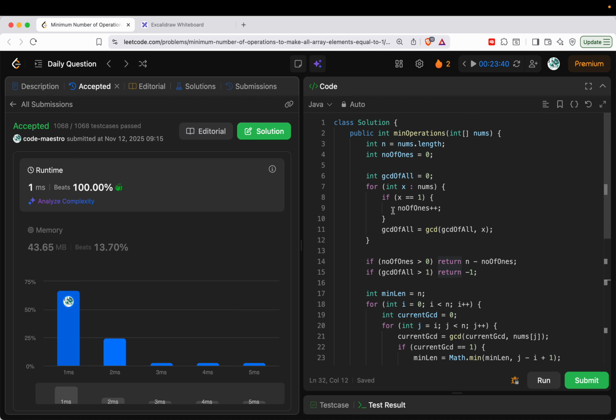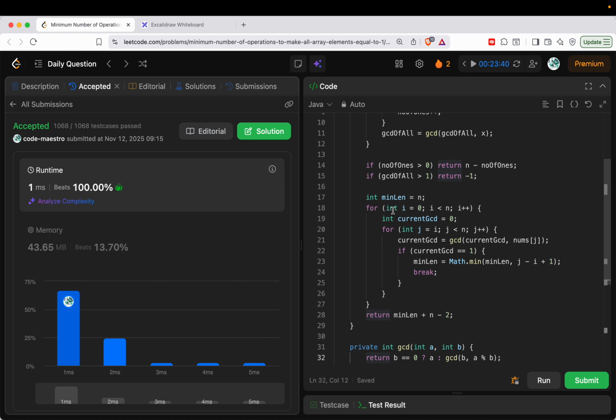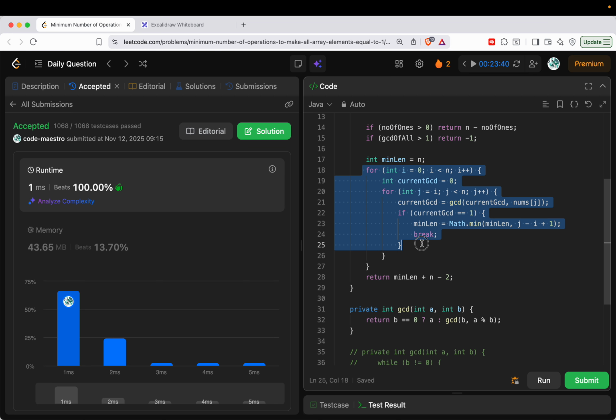Let's also analyze the time complexity over here. We are generating all possible subarrays and calculating the GCD for all of them. The time complexity to generate all the subarrays is order of n square.